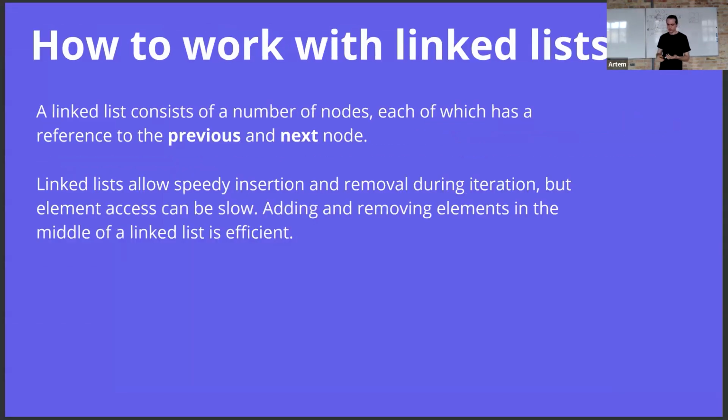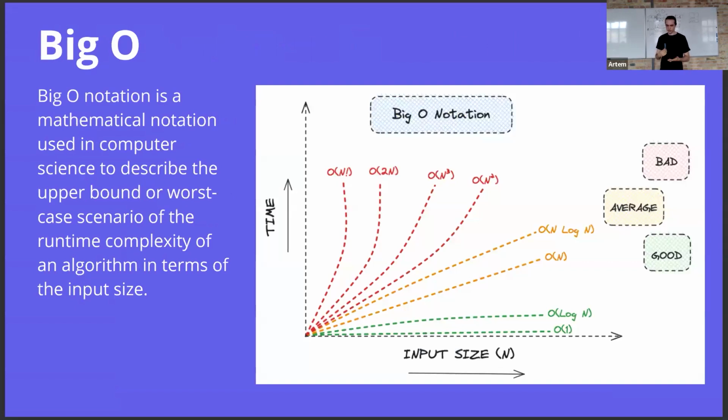Let's talk about big O. Can someone tell me what big O notation is? Some kind of algorithm, like how long it runs, how long it takes, like the best case or the worst case.